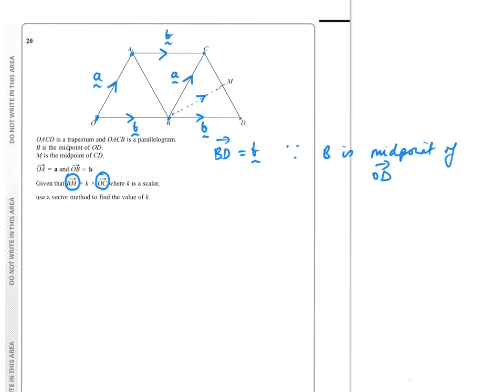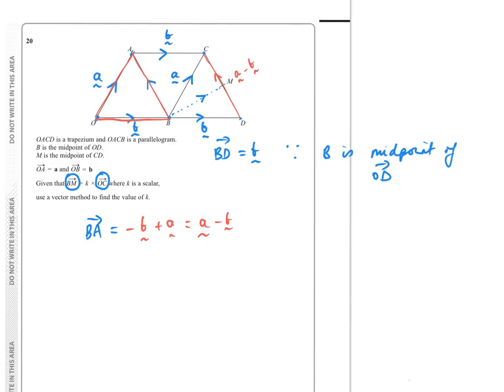I personally would try and find B to A first. And to get from B to A, we can just go minus b plus a, which is just a minus b. And we also know then that D to C is going to be the same because they're parallel.